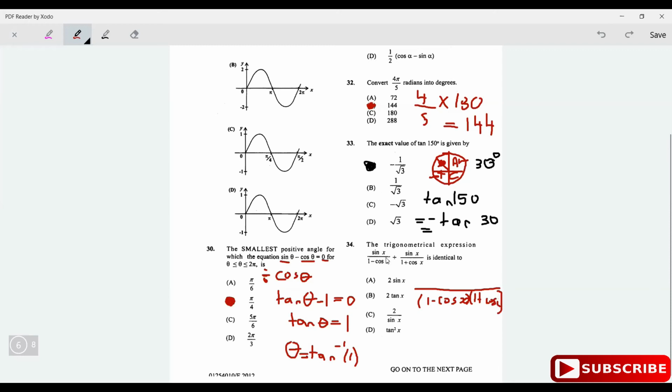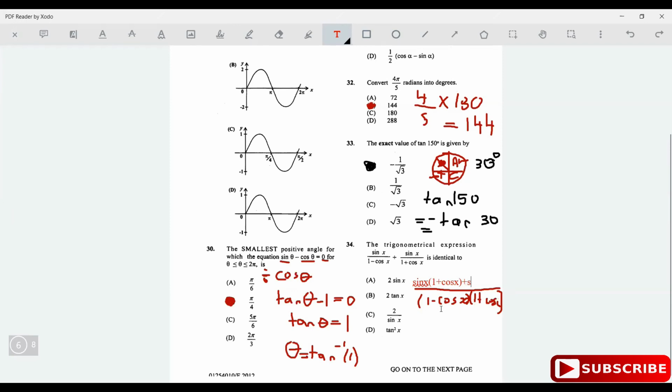Now, 1 minus cos x into this leaves 1 plus cos x. And so we get sin x times 1 plus cos x in the numerator. And then we have plus, sin x into this leaves 1 minus cos x in the denominator.